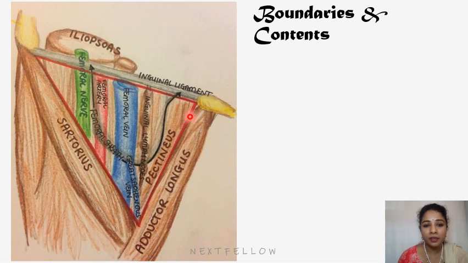Medial boundary is formed by the adductor longus muscle, and lateral boundary is formed by the sartorius muscle. So it is the medial margin of the sartorius. We say for the adductor longus, it is the medial margin of adductor longus because adductor longus gets twisted in the triangle.